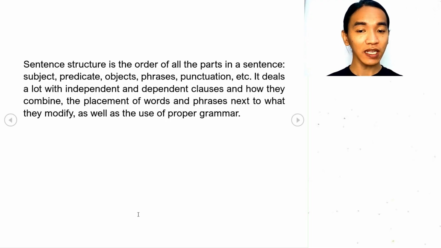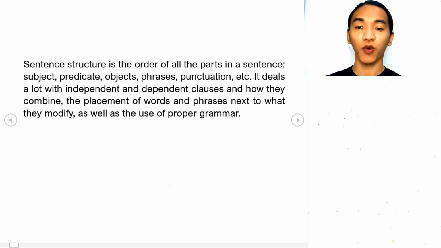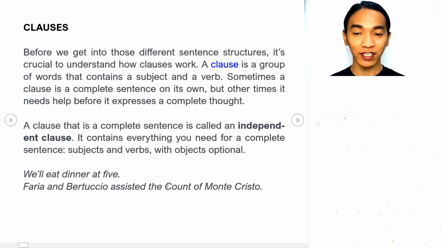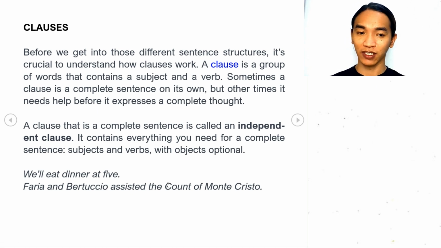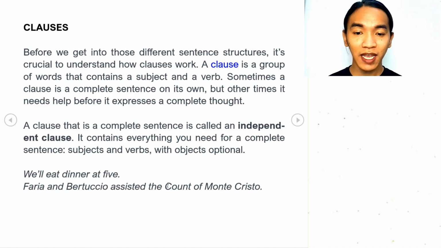Now, in sentence structure, it is very important to understand clauses, as mentioned. Before we get into those different sentence structures, it's crucial to understand how clauses work, because moving forward, we will be talking about sentence structures involving these clauses. Now, what is a clause? A clause is a group of words that contains a subject and a verb.